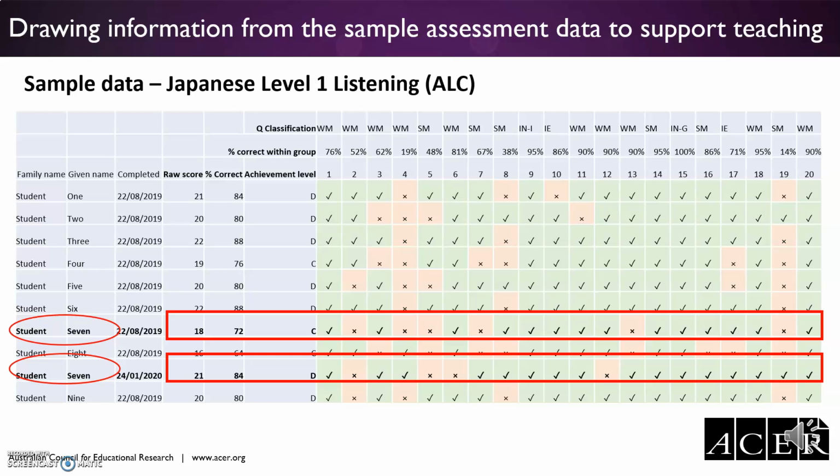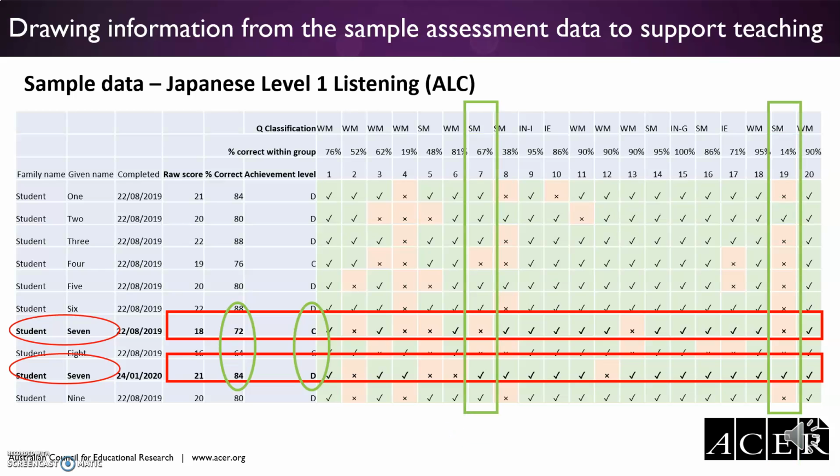The total raw score and the percentage correct improved, as well as the achievement level. Also, this student became able to match a word or image from a text with another word or phrase. Therefore, we could say that the data shows the learning tasks set for student 7 has been effective.